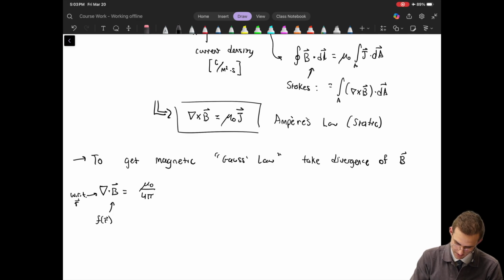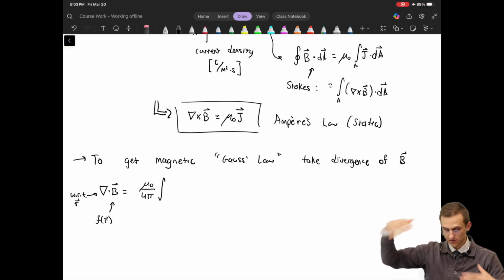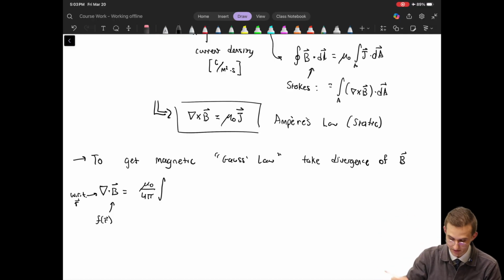What that allows us to do is take it into the integral, because the integral is over the primed coordinates where the source current is. So then you have the divergence of this vector J of R prime, remember, that's where the sources are, cross R hat over R squared dV prime.